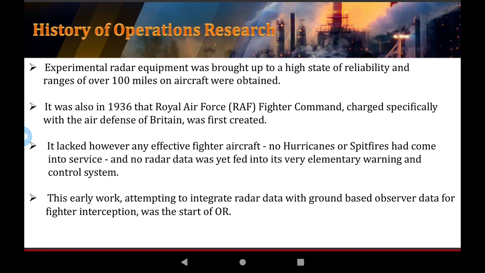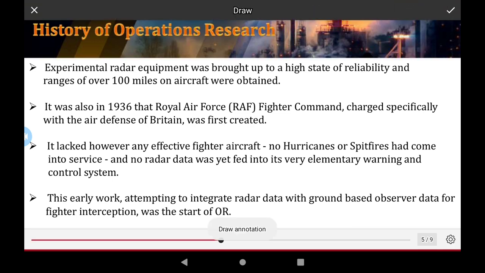It was also in 1936 that the Royal Air Force, RAF, Royal Air Force, discussed some points. The Royal Air Force Fighter Command changed its space, specifically to do with air defense.